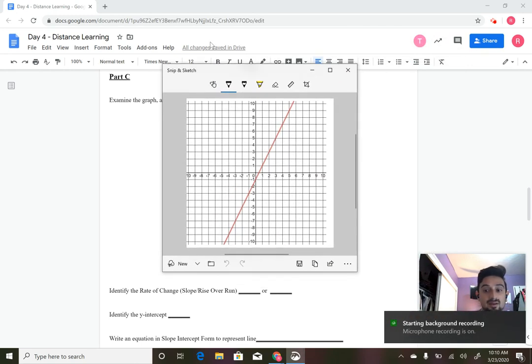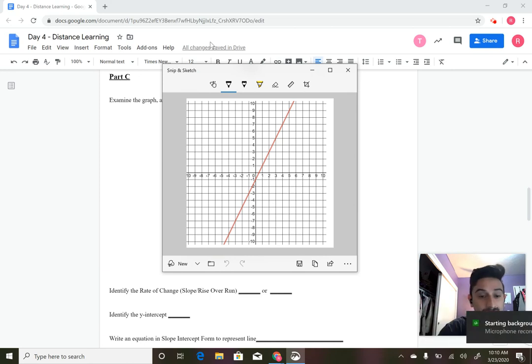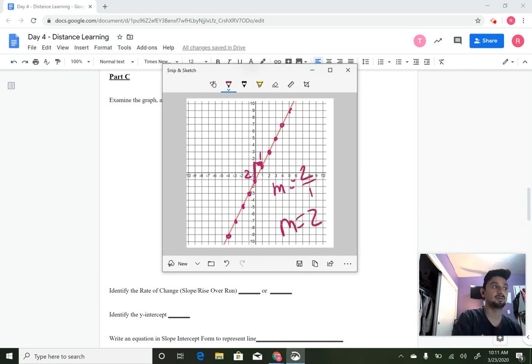And so from there, we have the identify the rate of change for slope is rise over run. So let's look for all the points that are good points. This is a good point, that's a good point. Keep going, keep going. So now we can go here, so it'll be 2 over 1. So m equals 2 over 1, or just 2, because 2 divided by 1 would just be 2.